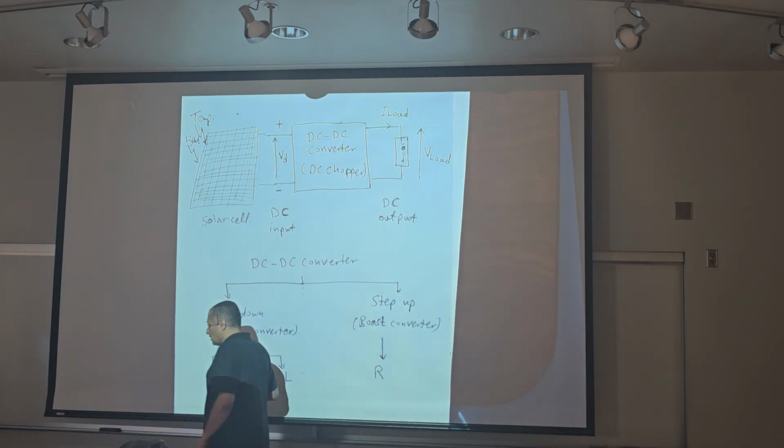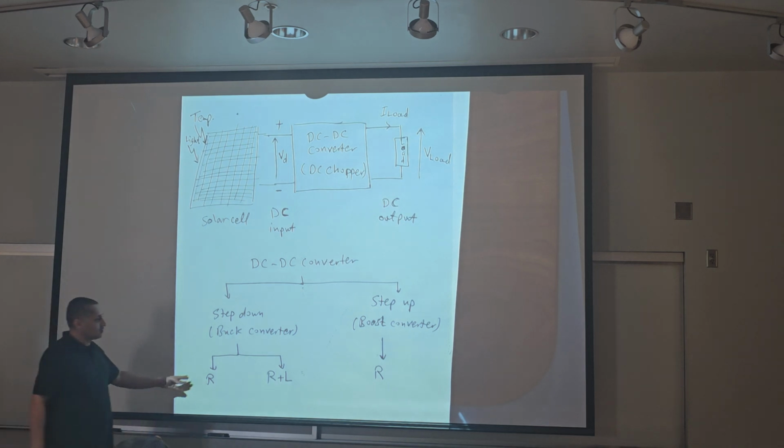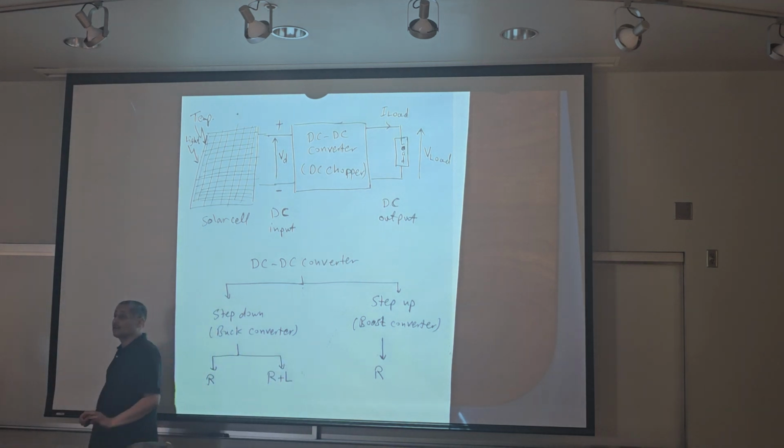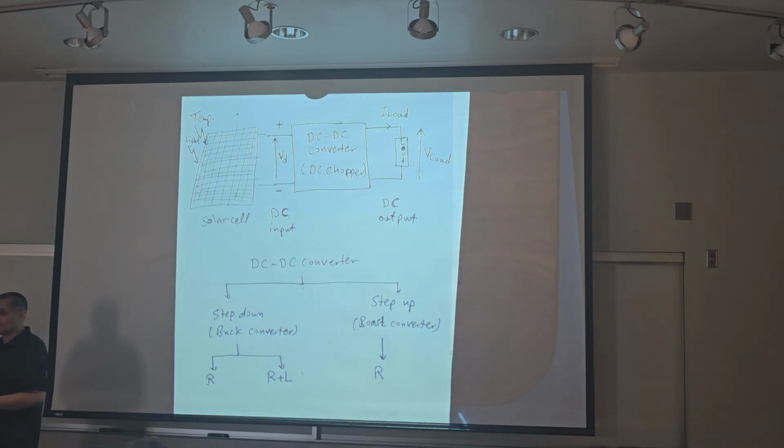So here R and R. We need just these circuits, okay, in general. But sometimes, why do we convert the DC to DC? Okay, to make the voltage lower or higher than the generated voltage, but the load is just R and R plus L.